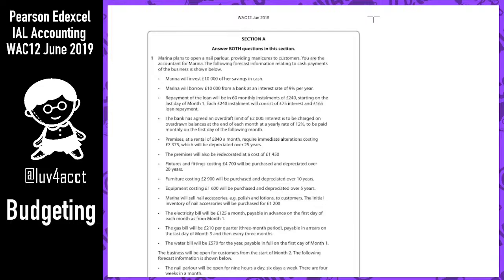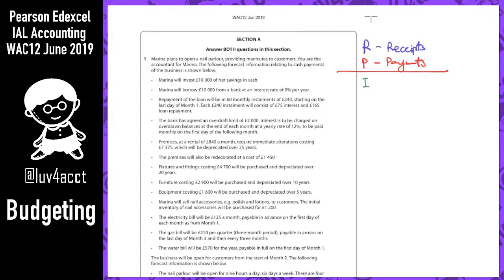So for receipts, I will use R, and then for payments, P. These will be shown in the cash budget, while I will use income for revenue parts, and also expenses, E, for expense.